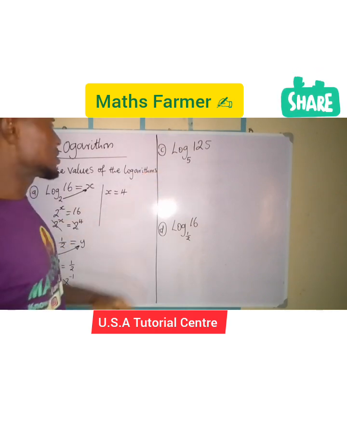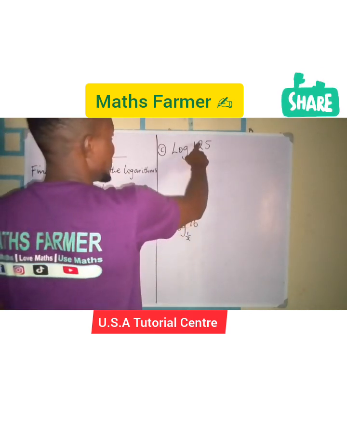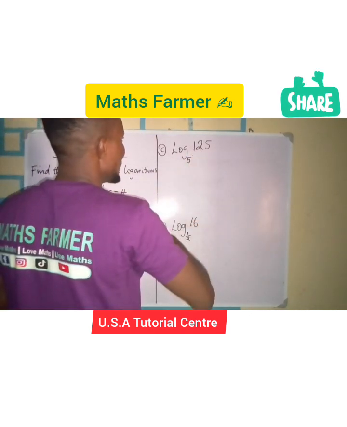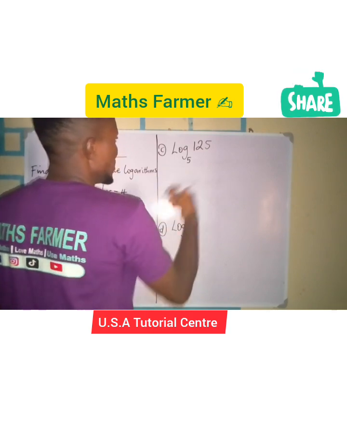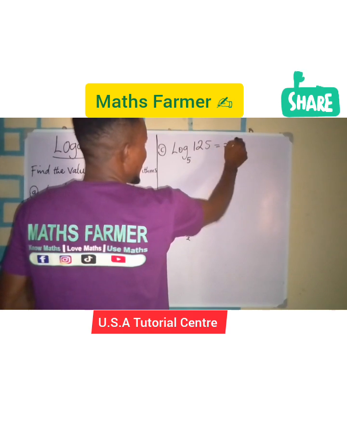Now, going to the third one, what we have here is logarithm of 125 base 5. We don't know the power, which they asked us. We say let it be x.